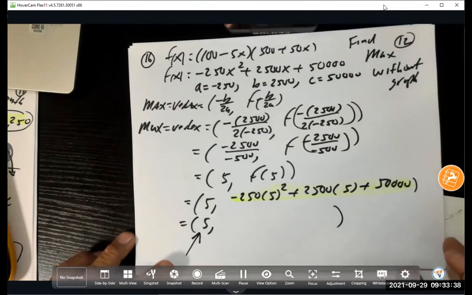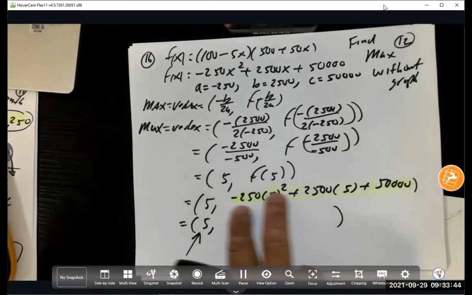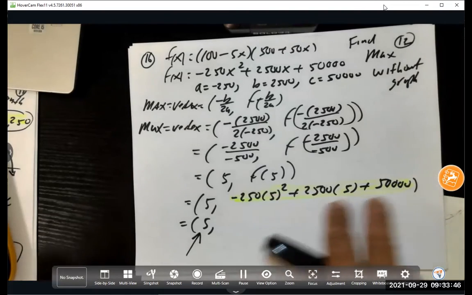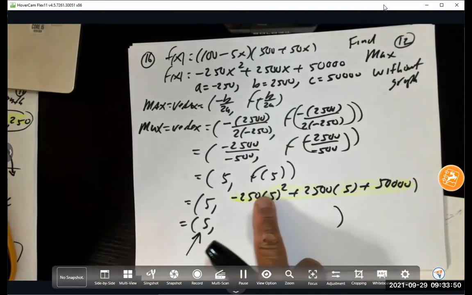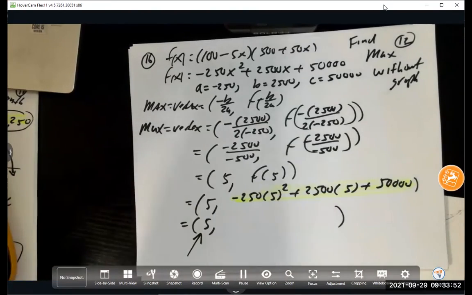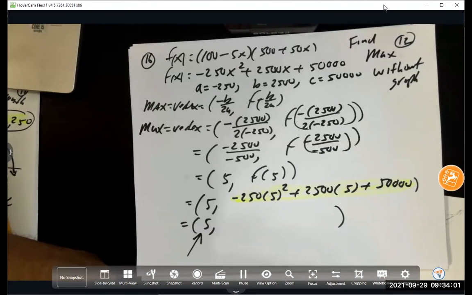All right, let's calculate this right. Whoops, miscalculated. Negative 250, 5 squared, all this stuff right here, all of it. Wait, hold on, I'm making this 10 squared. No, it's 5.